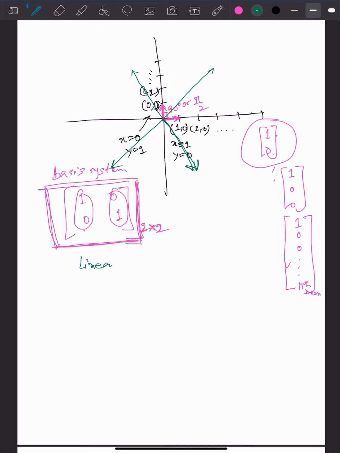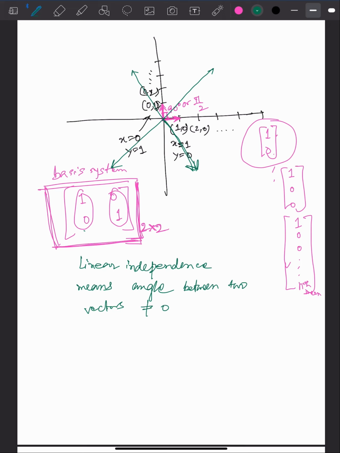Let me write it down for you. Linear independence means the angle between two vectors is not equal to 0.